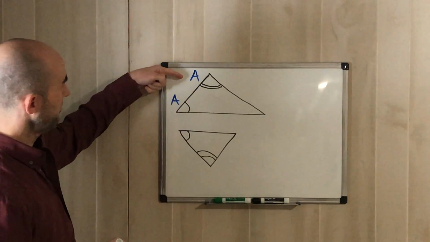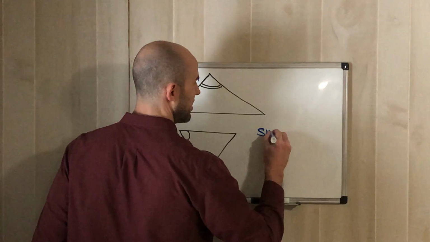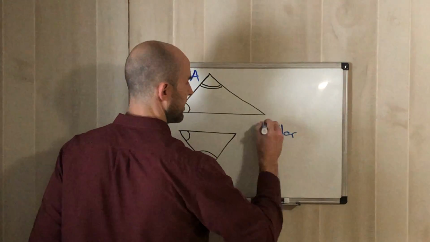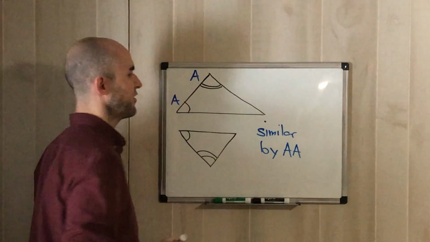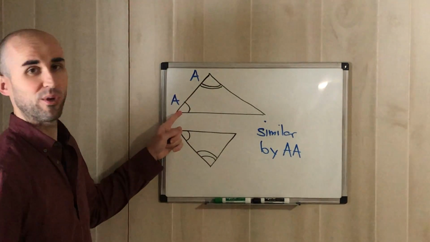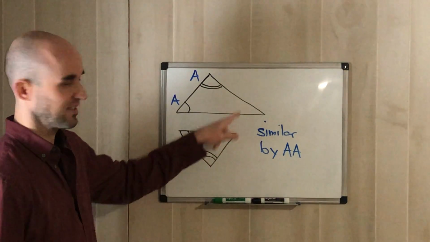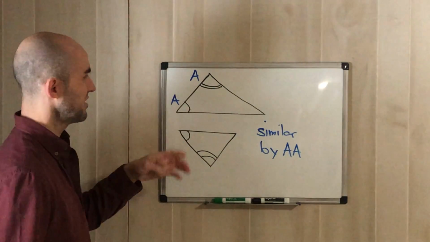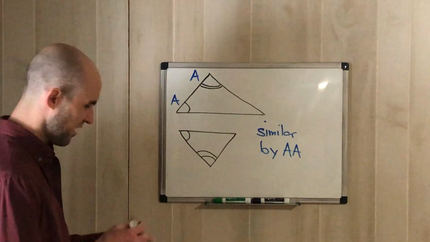Right now, automatically we know we have 2 pairs of angles, so yes, it would be similar by AA. Because we have our 2 pairs of angles, and automatically also we know if 2 angles are congruent to each other, this last pair is going to be congruent, but that doesn't matter. It's just knowing that fact. We know that they're similar because we have 2 pairs of angles.